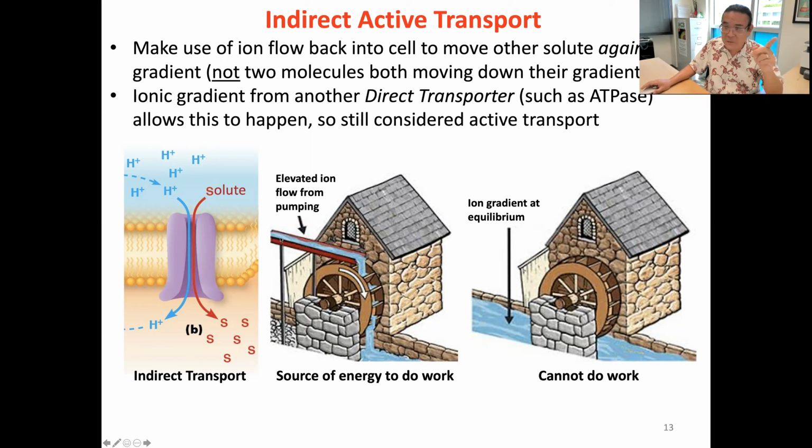Somewhere else, not shown in this cartoon, is a pump that's actively pumping the water up and raising it. That's where the energy was directly used. And then you have something like this water mill that can indirectly take advantage of that energy to have the work happen.